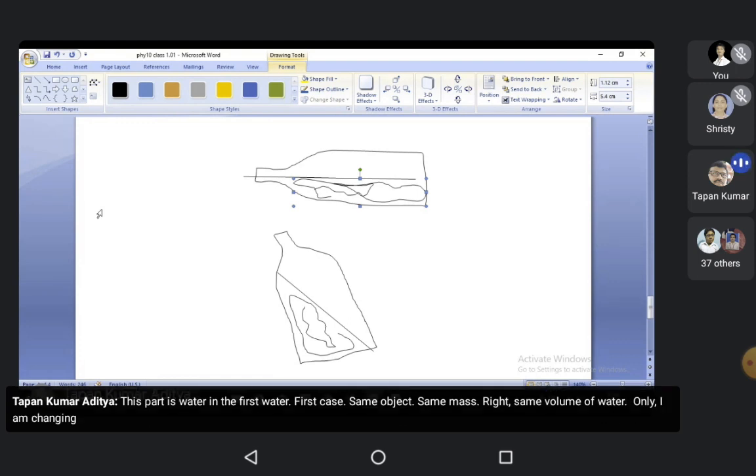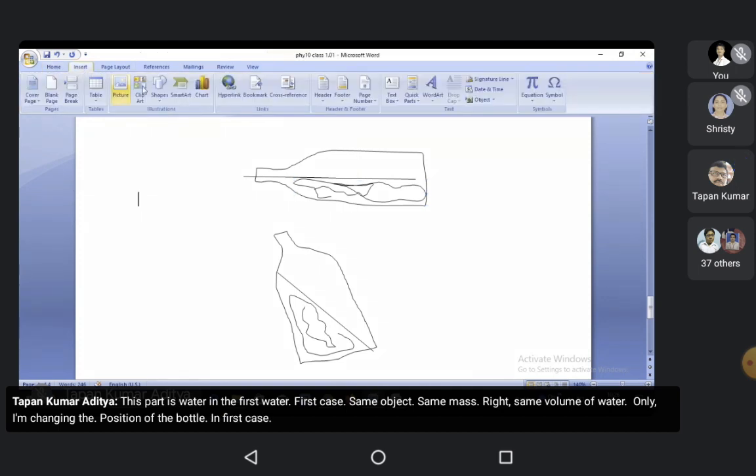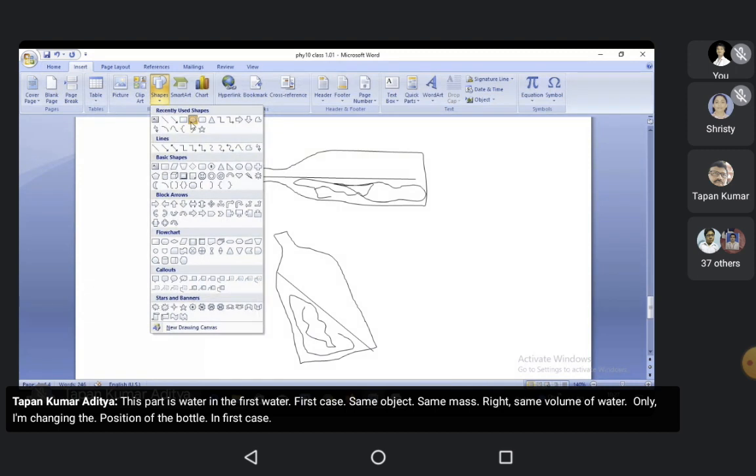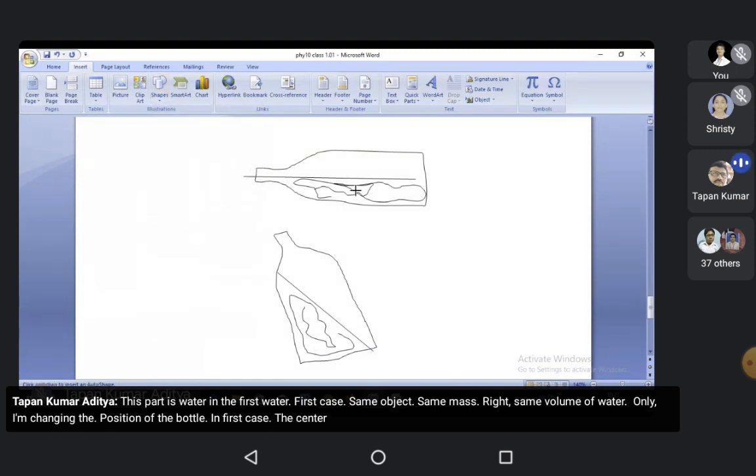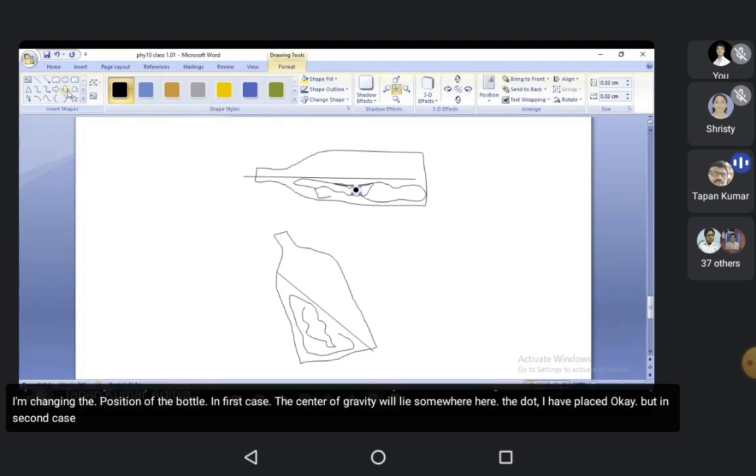Only I am changing the position of the bottle. In the first case, the center of gravity will lie somewhere here, the dot I have placed. Okay. But in the second case, the center of gravity will lie somewhere here.